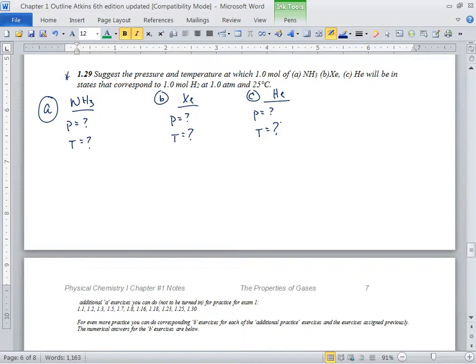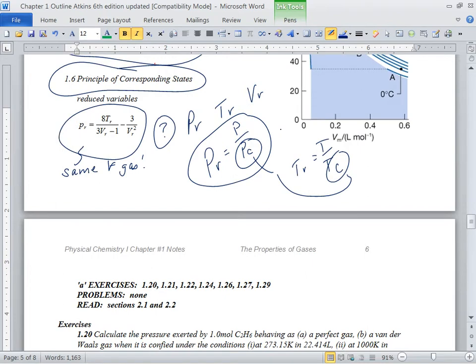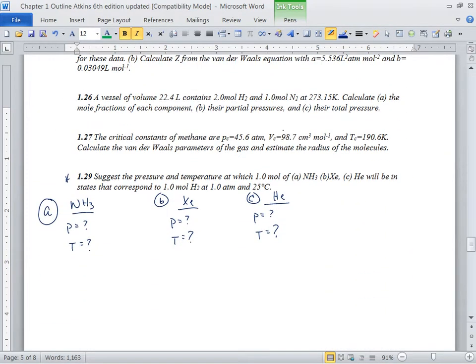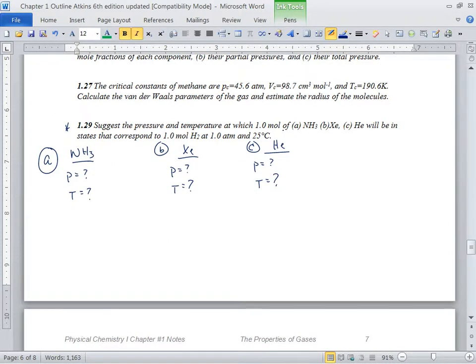Can you make the link that this is a law of corresponding states problem? Can you make that link? They're saying that you have these 3 gases, and they're going to have different pressures and temperatures to be in the same state as hydrogen at this particular pressure and temperature. That's a law of corresponding states.